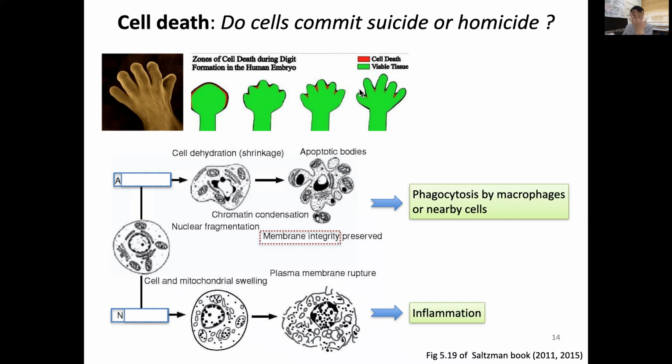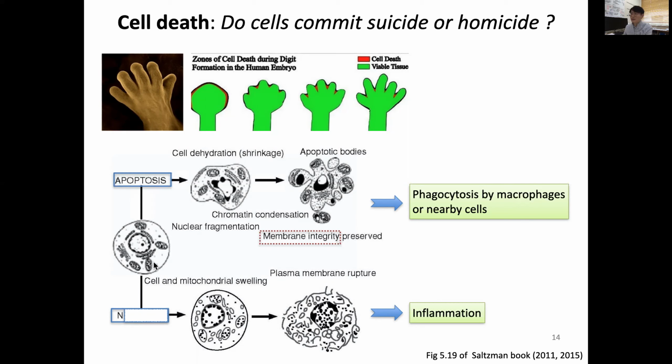And that finally makes these fingers during development. So this is a very precisely programmed way of death so that they can make our embryonic limbs. That is an important finding for us. This programmed cell death is called apoptosis.